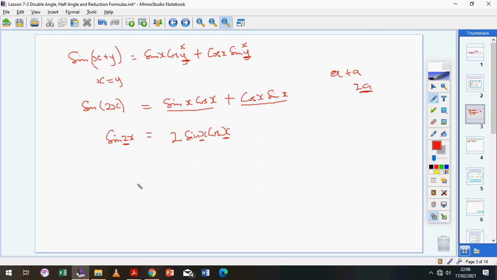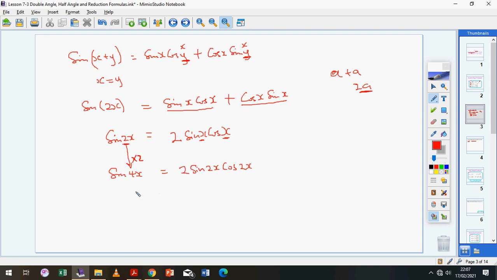You can test this on your calculator. For example, if I have sine of 4x, I've basically multiplied this angle by 2 to get 4x. It will be the same thing as 2 sine of 2x cosine of 2x, right? I multiplied the angle by 2.